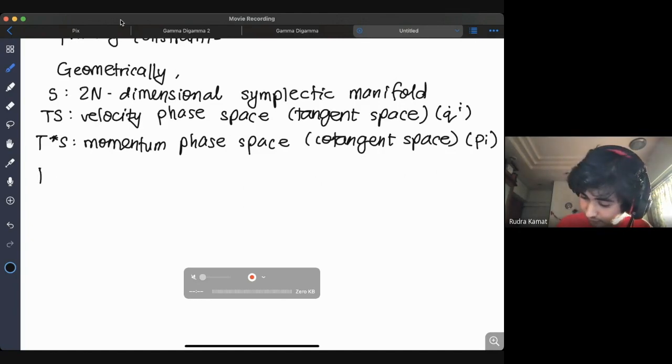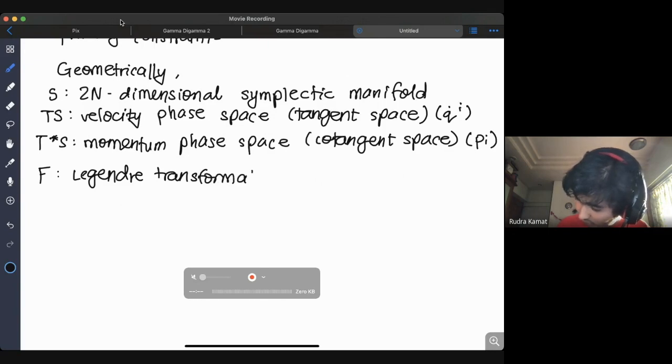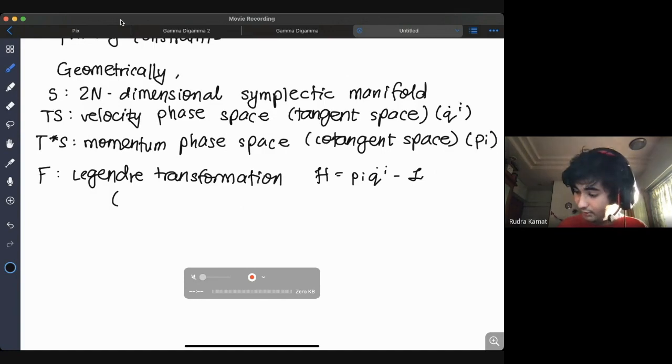And F can be seen as a Legendre transformation, which, if you remember, is p_i q_i dot minus curly L. What I've bracketed is the mathematical terms.